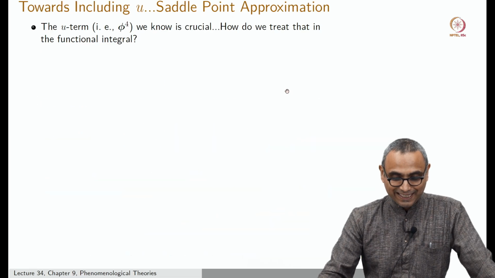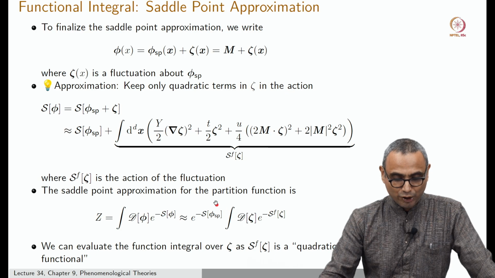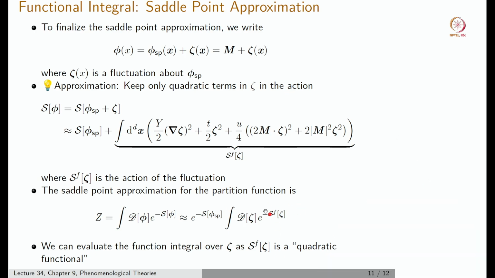Now what we are finding is, if you stop at the zeta square order, then this S_F is also quadratic in zeta. And therefore we can use the same techniques that we used to evaluate that functional integral and use all the known results that we have derived in the previous slides, and we can evaluate this as a function of u and so on. It is approximate. I mean, we are not saying that it's exact, it's approximate.